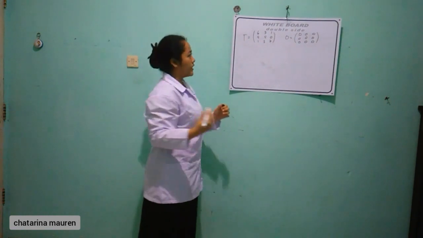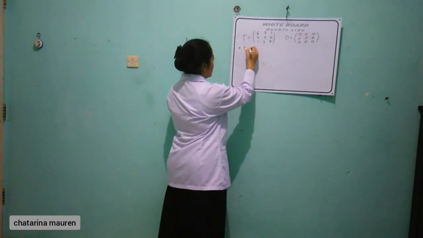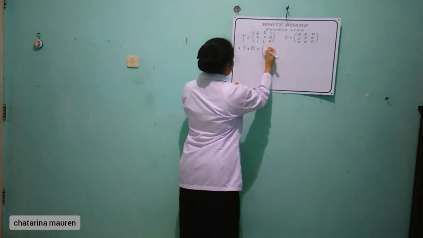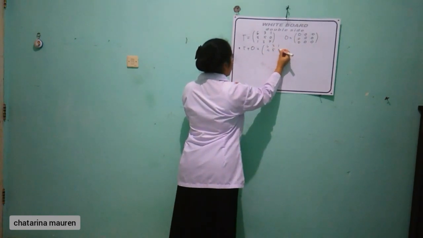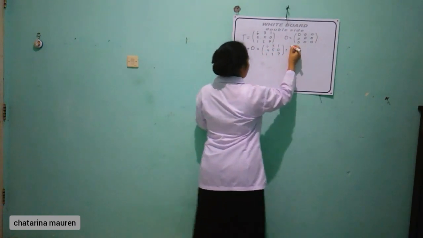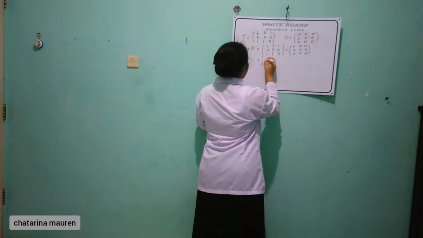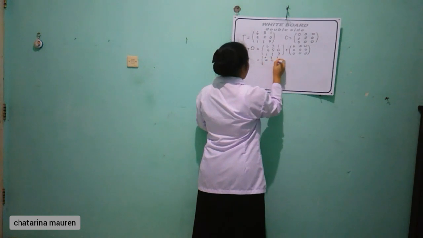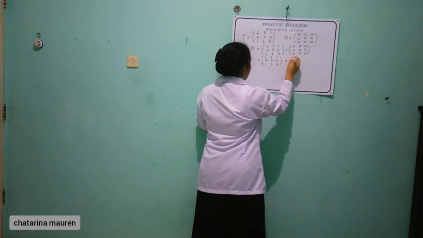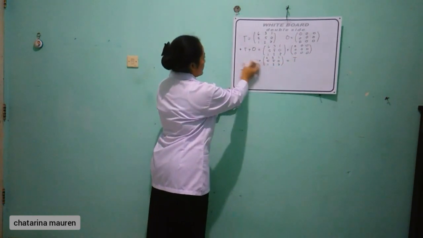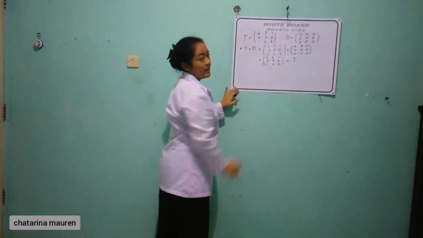After that, we show that here, we get that T plus O equals T itself.